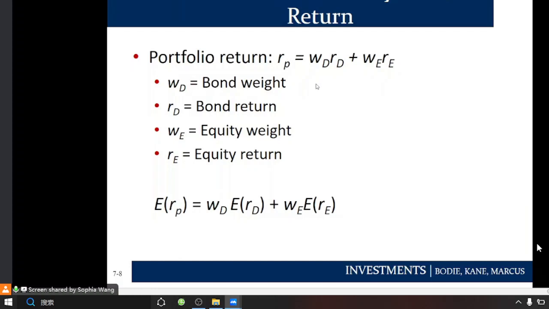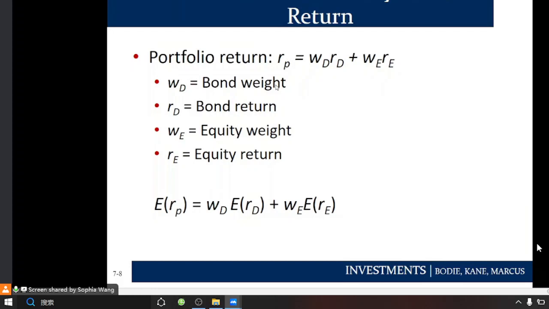Okay, so like the previous chapter, we should first calculate the expected return and the risk. Suppose that the portfolio return is calculated by the weights.